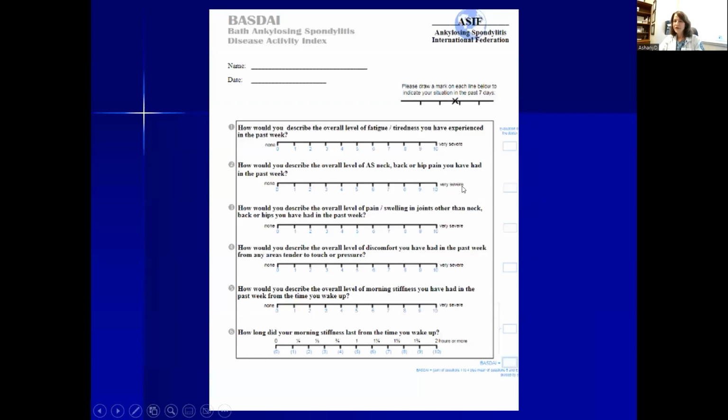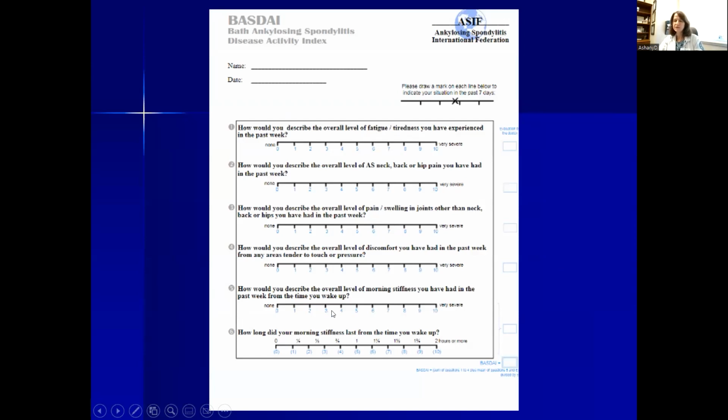In spondyloarthritis, we don't use that form. Again, there the focus is often on back pain, not always. And so these are the set of questions that we use for back pain. It includes fatigue. It includes how much pain are you having in the past week? How severe is the pain? Are any areas tender to touch?